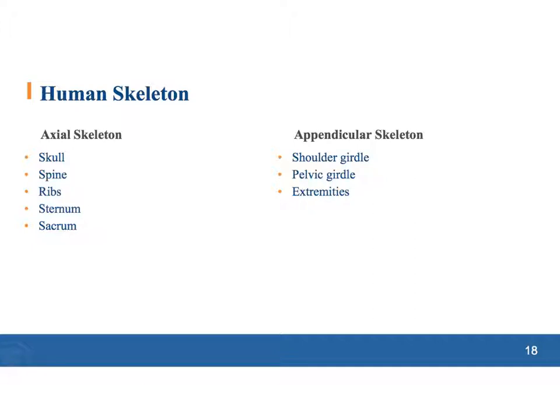So extremities, arms and legs, and then where those connect to the body. Arms are connected to the body by the shoulder or shoulder girdle. The legs are attached to the body at the pelvis or pelvic girdle.